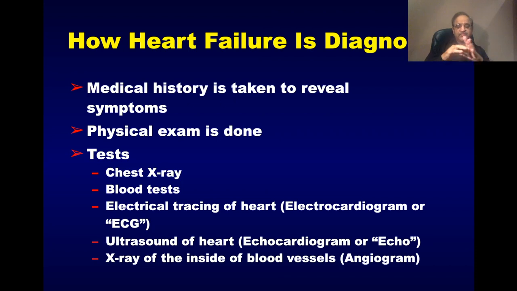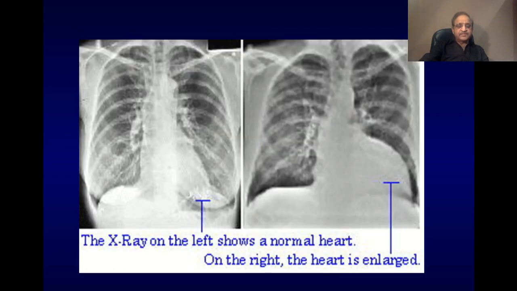Echo is also important to see left ventricular size, left ventricular ejection fraction, any thrombus in the left ventricular cavity, left atrial measurement. So this is very important investigation in congestive cardiac failure.